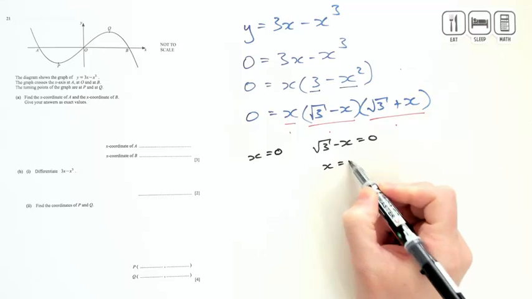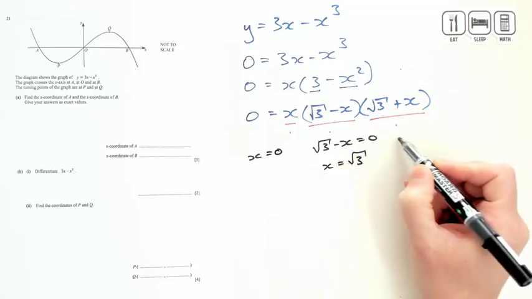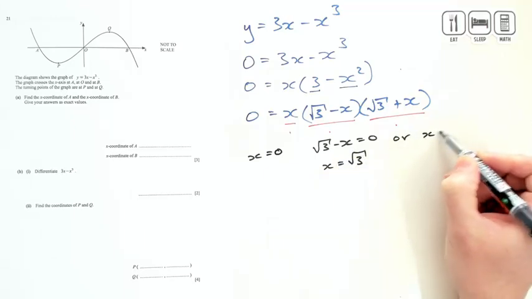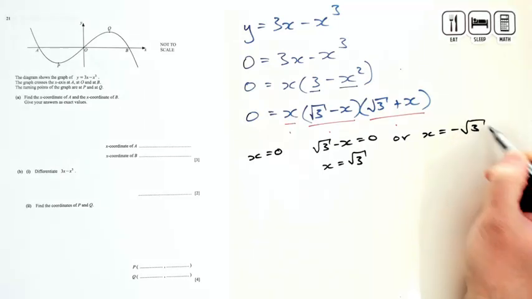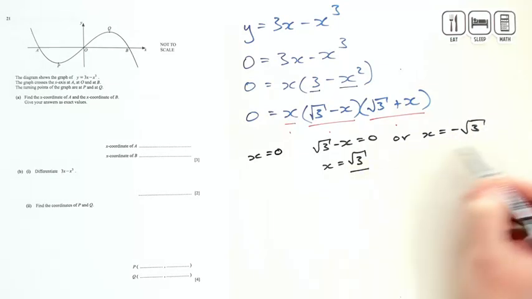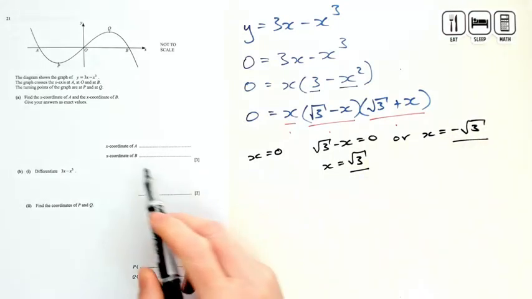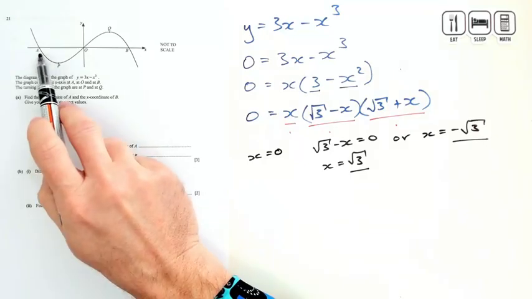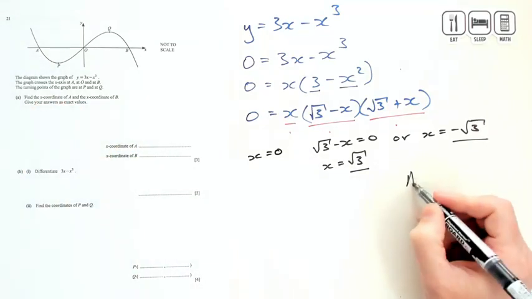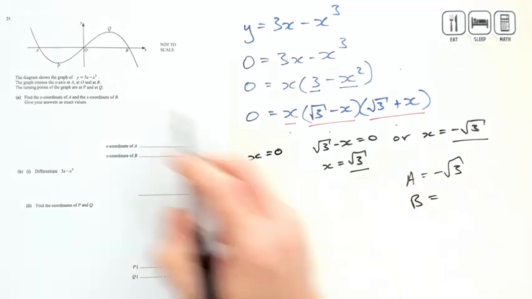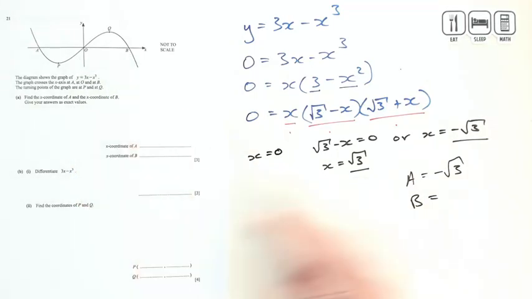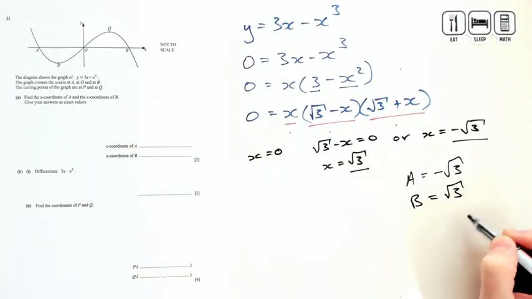So x is going to be equal to the square root of 3, or x is going to be the negative square root of 3. So basically, those are the two x values. The x coordinate of A is a negative number, so A would be the negative square root of 3, and B, being this side of the origin, is going to be the square root of 3.